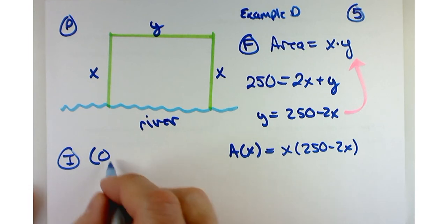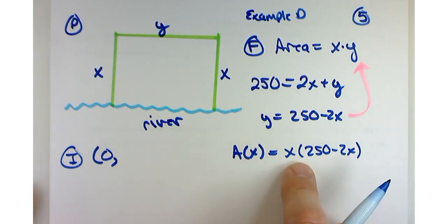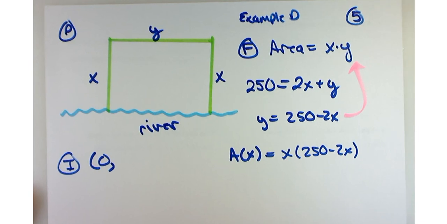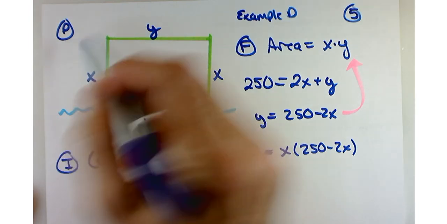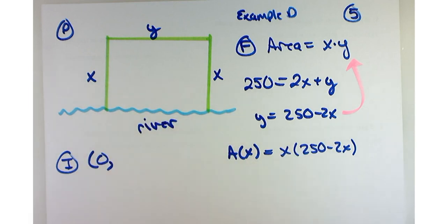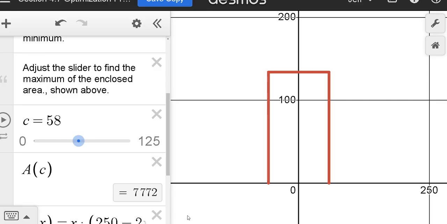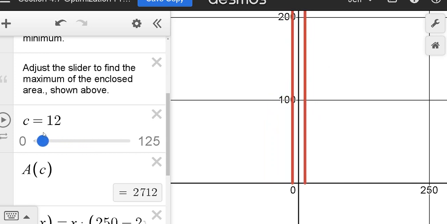On the other side of things, what's the most that x could be? Not quite 250, because 250 is how much you have for all the way around. If you shrink this down almost all the way to nothing, so that you're really making a very narrow and deep rectangle, you're getting closer and closer.